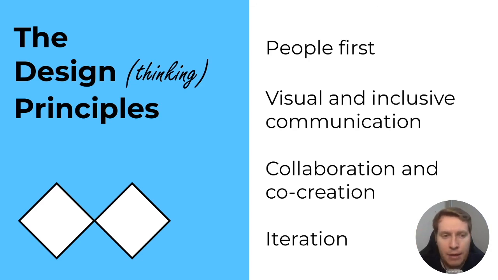And I've included here the double diamond, just a small icon to help you understand that it is also applied in the double diamond process, and it's the way that I like to use it.